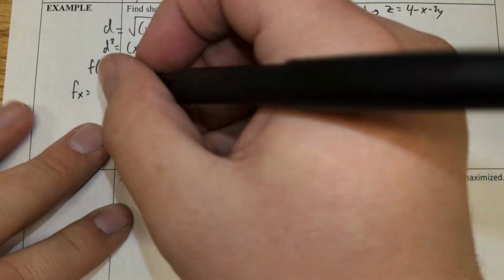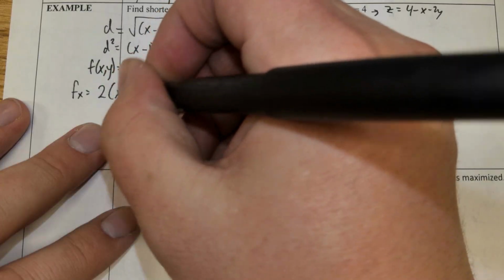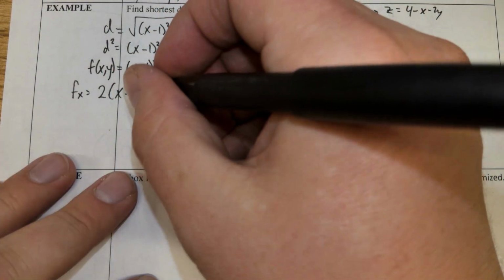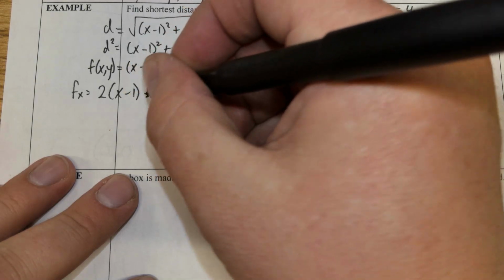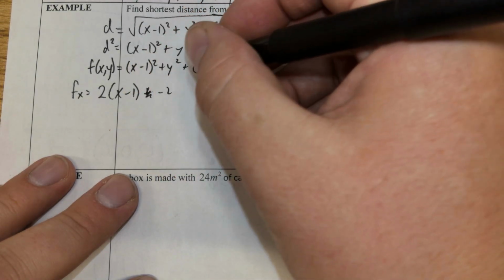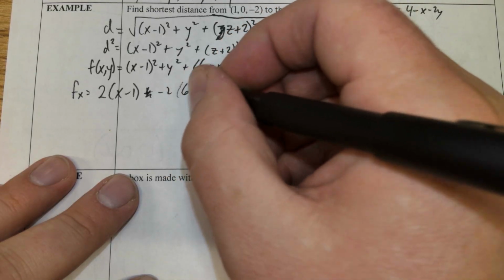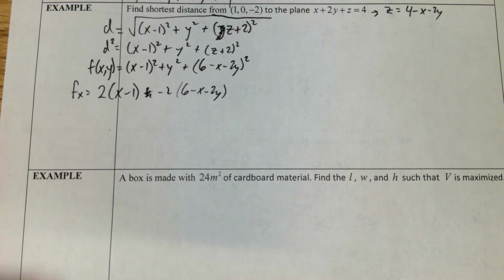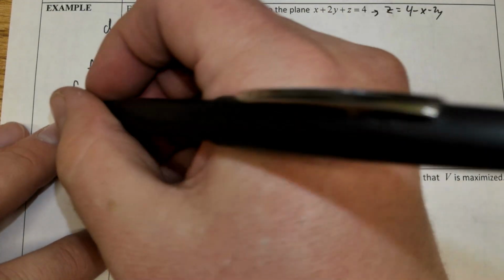F sub x is going to be 2 times x minus 1 plus, ooh, this one's going to be spicy, minus 2 times 6 minus x minus 2y. I want to set this thing equal to 0.